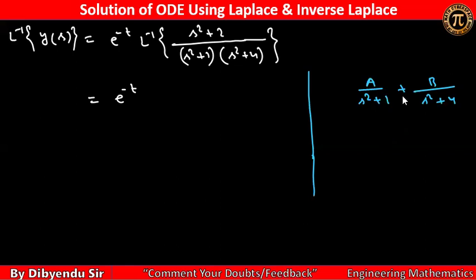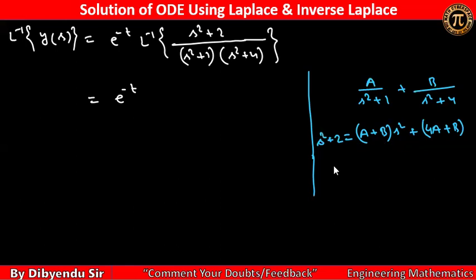Okay, so you are getting (A plus B) s square plus (4A plus B). Clear? And the denominator will be equal, and this is nothing but the numerator, s square plus 2. I hope you know how to find the partial fraction.